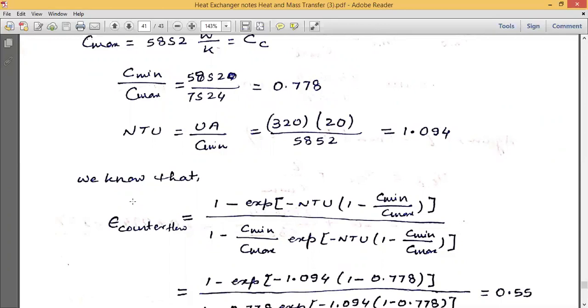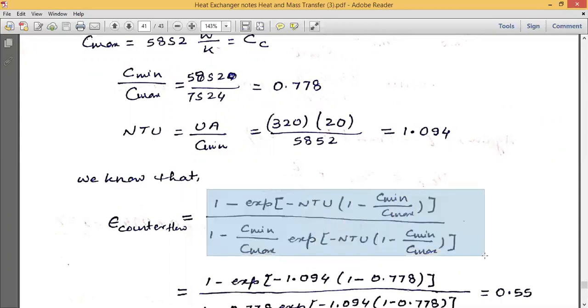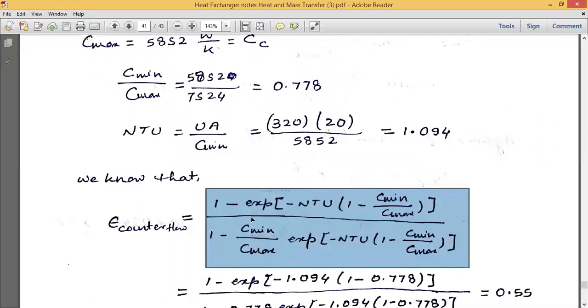So here we are calculating the effectiveness by the use of the equation that we have derived for the counter flow, and we can recall it. The effectiveness formula is: 1 minus exponential of minus NTU into 1 minus C minimum upon C maximum, divided by 1 minus C minimum upon C maximum times exponential of minus NTU into 1 minus C minimum upon C maximum.